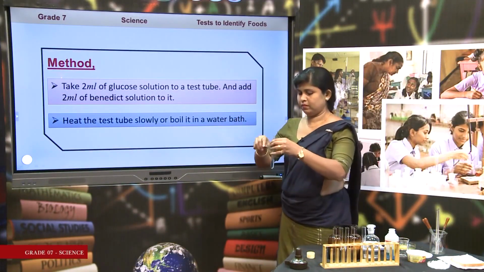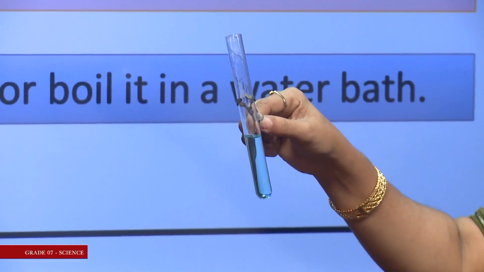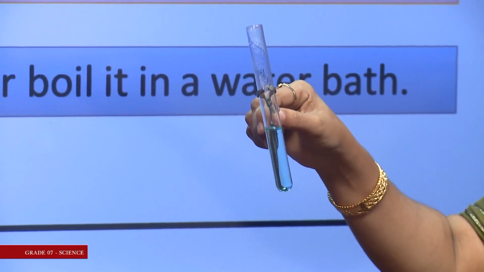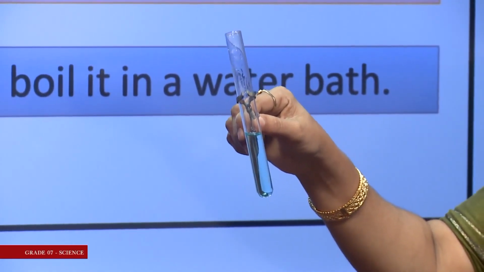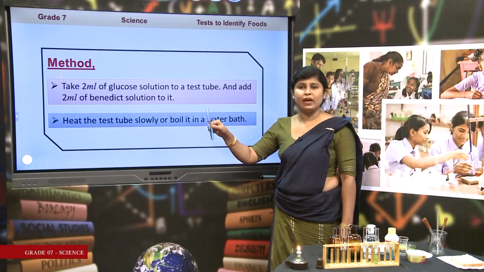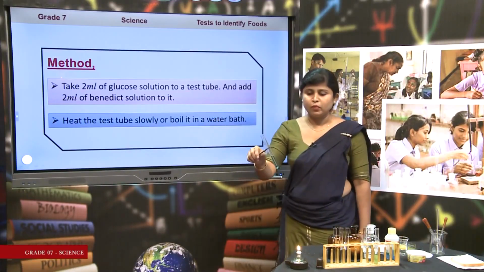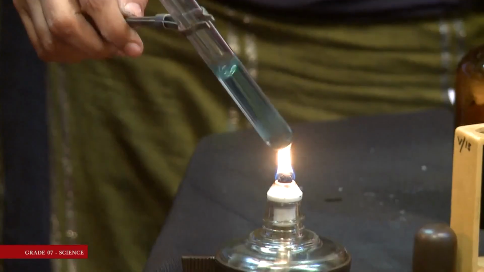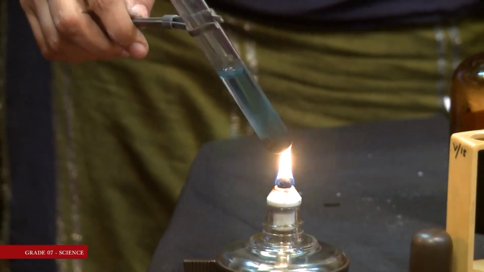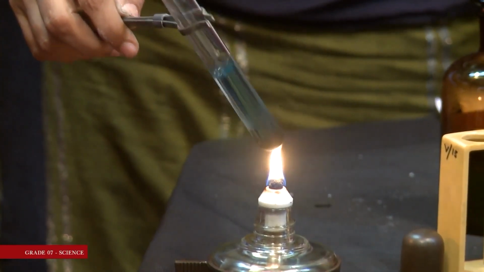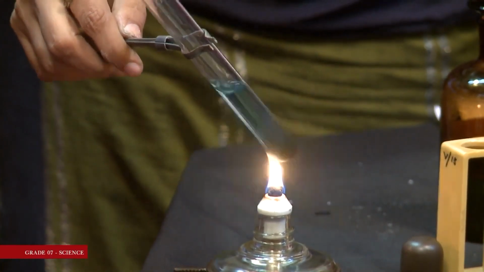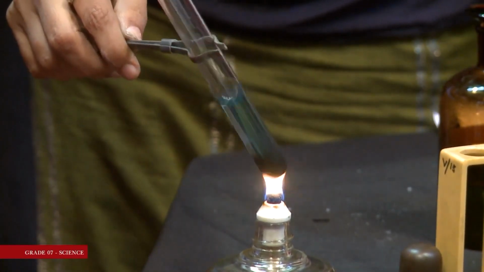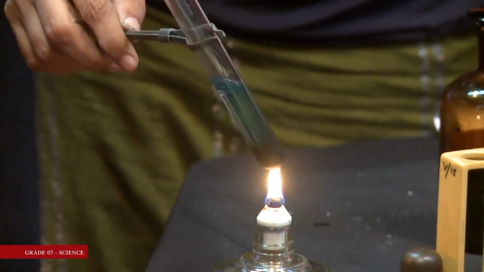Okay children, now I am going to heat up the test tube using the spirit lamp. So, you have to observe the color change, actually there is a color change, you have to observe the color change while heating, right. Now, I am going to heat it. I am shaking the test tube well. Still the color is blue.